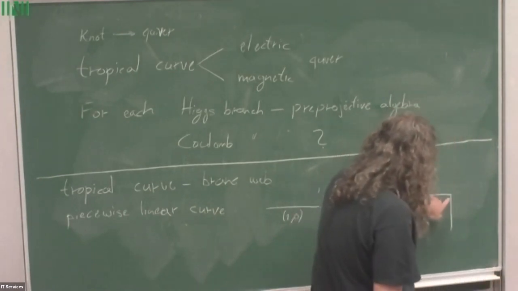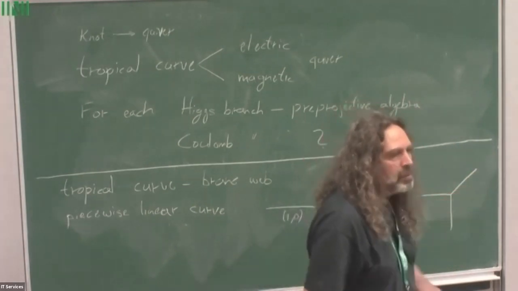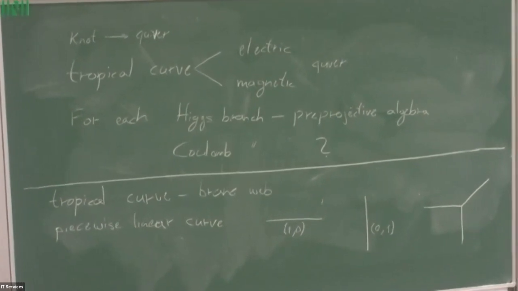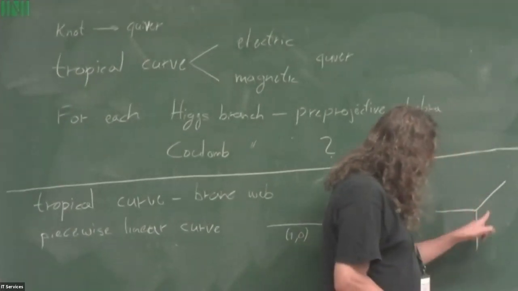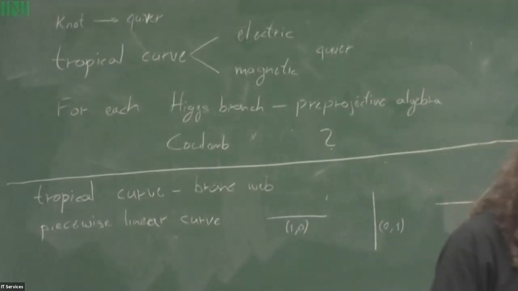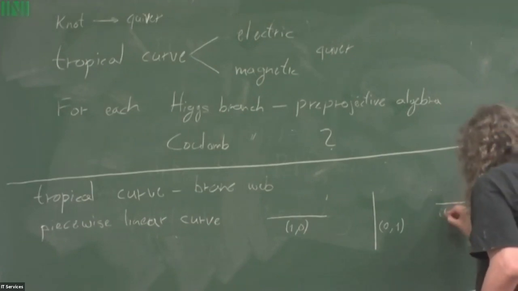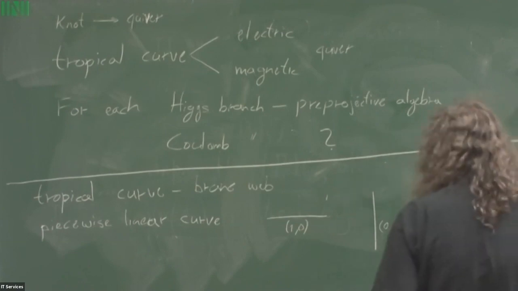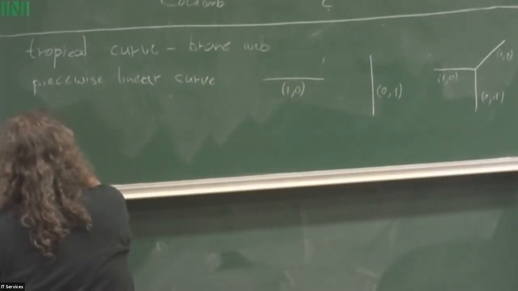So here's another tropical curve. At this point, they should construct a new piecewise linear curve which satisfies the condition that the sum of those two numbers is 0, right? So if this is 0, 1, this is 1, 0, and then this will be 1, 1.